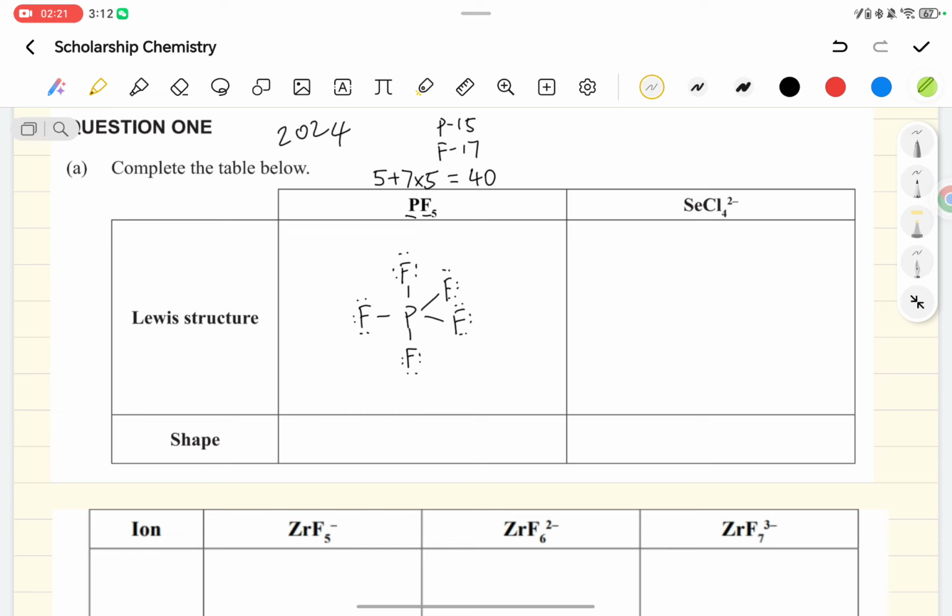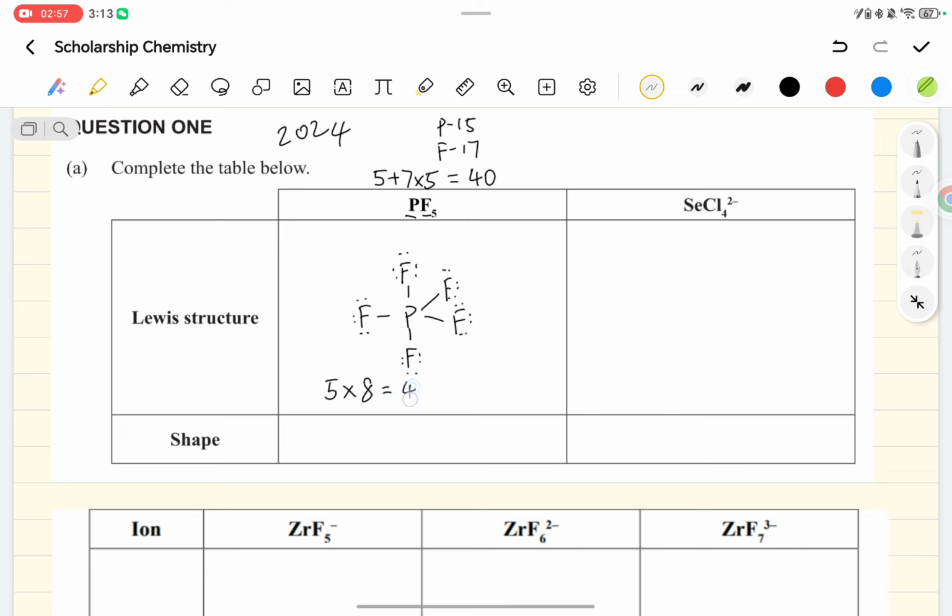So the central atom has no valence electrons anymore, well, we assume that because all of its electrons are contributed towards the covalent bonds with F. So therefore we count each F as having 8 valence electrons, 6 coming from the 3 lone pairs that it has, and 2 coming from the covalent bond with P. So we have 5 fluorine atoms, each with 8 valence electrons.